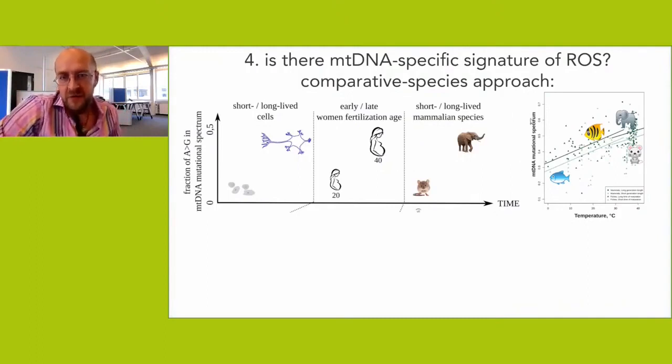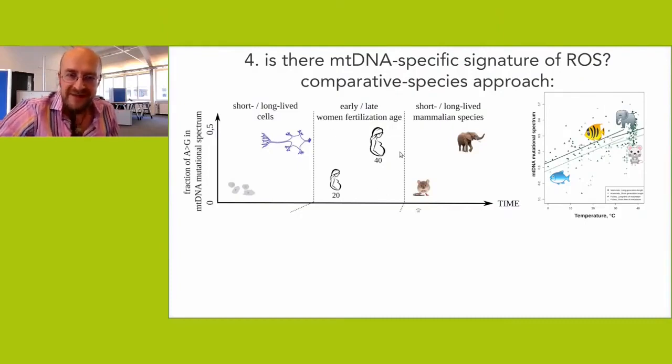Having this result, we decided to extend this logic. Because mitochondria is transmitted through oocytes, and a mouse oocyte and an elephant oocyte differ in age, in how many years oocytes spend in a post-mitotic state, maybe we can see the same effect if we compare population data from humans.